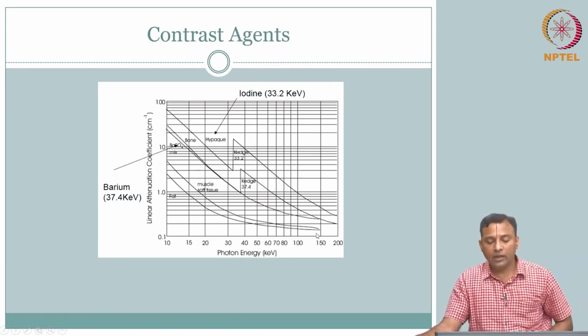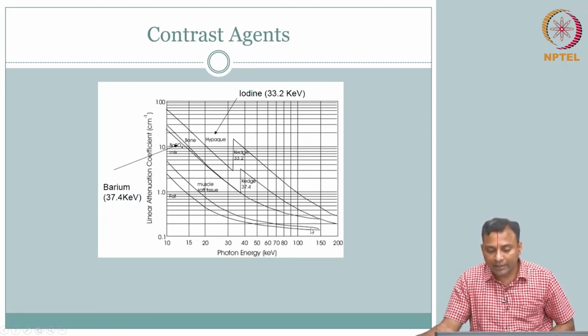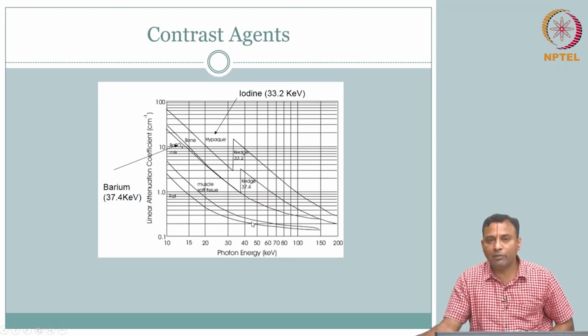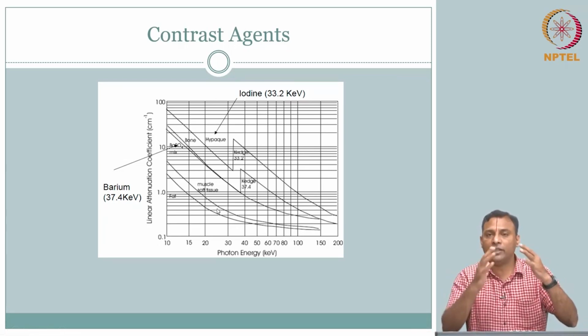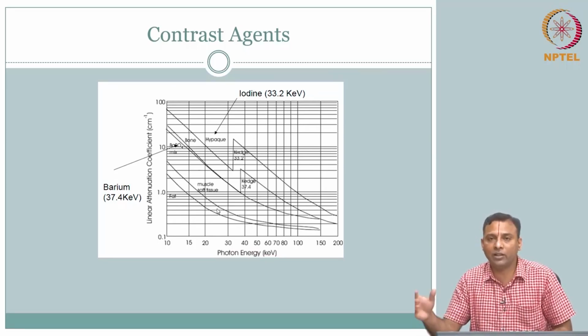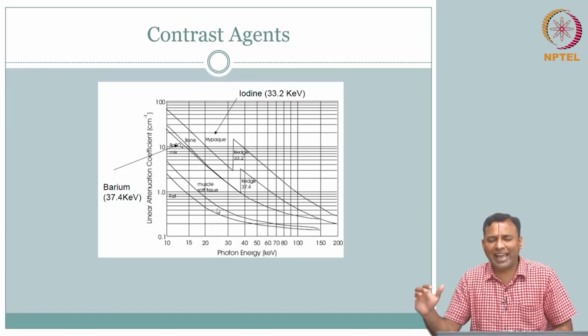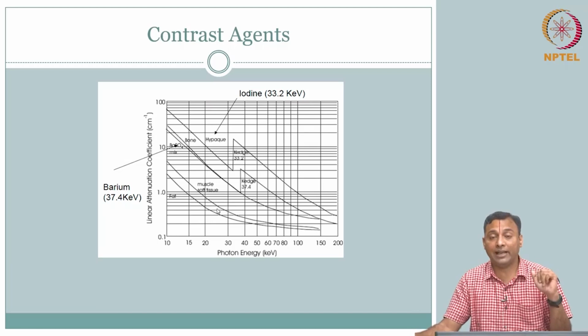And if the photon energy is too large, then the inherent contrast between the various materials, here for example bone, muscle and fat, is reduced, right. So there is a sweet spot in between. That's why our X-ray energy, remember the spectrum that we plotted, all the filtering that we have done, we have carefully come up with the X-ray energy that can maximize your interaction.